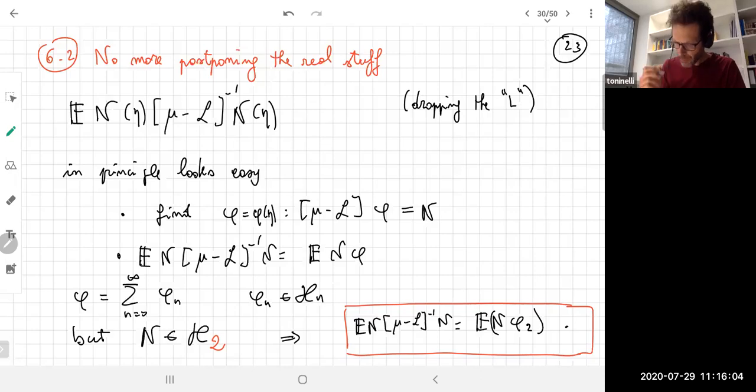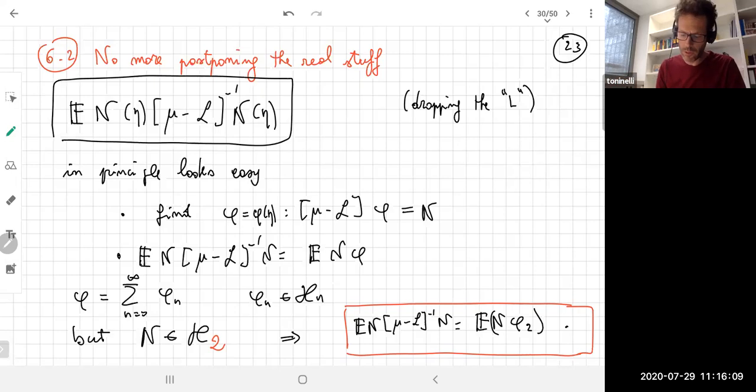So the main thing is to estimate, to bound above and below, this type of expectation with respect to the Gaussian free field of this nonlinearity times the inverse of mu minus L applied to the nonlinearity. Here, for some time, I'm dropping the index L. In principle there should be an index L in the generator.